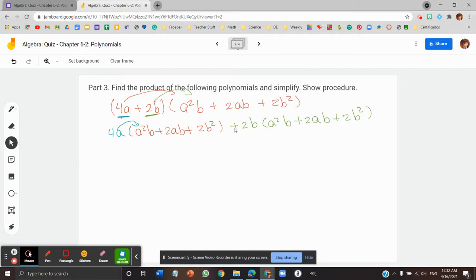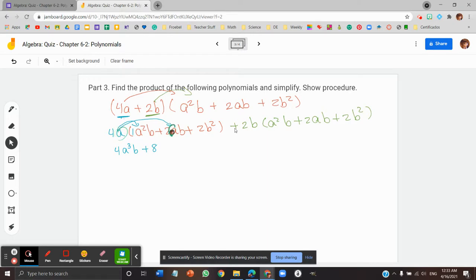4a times a to the second power times b. I don't have anything to multiply it by, right? That would be 4 times 1 is 4. Then my a's with my a's, a times a to the second power is a to the third. And my b's with my b's, and I only have one b. Then I do the same thing with the second term. 4 times 2 is 8, plus 8.